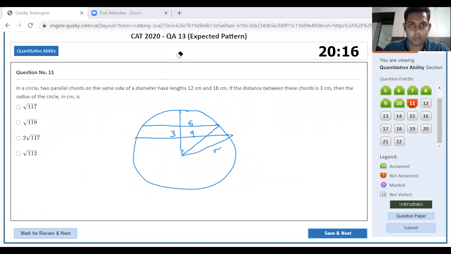We have the distance between the chords given to us. If the distance between these chords is 3, then this whole thing is R. We have 3 here, we'll have X here.